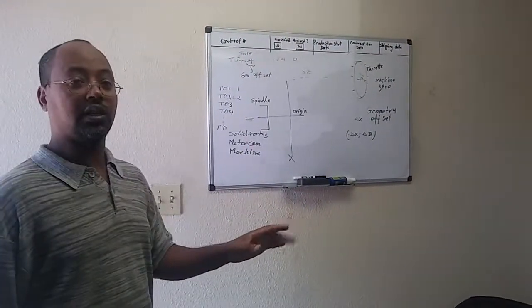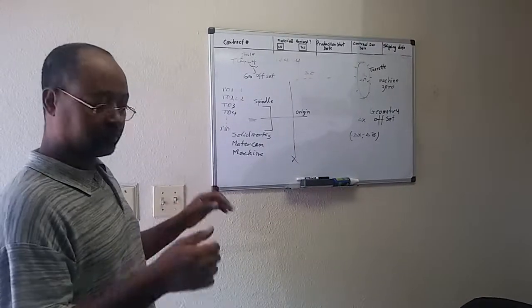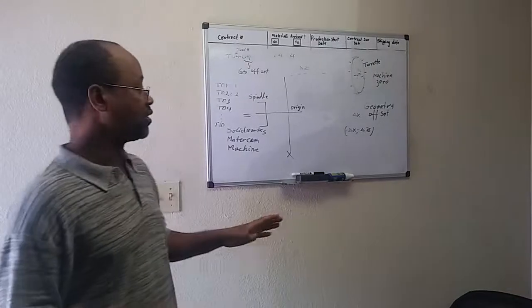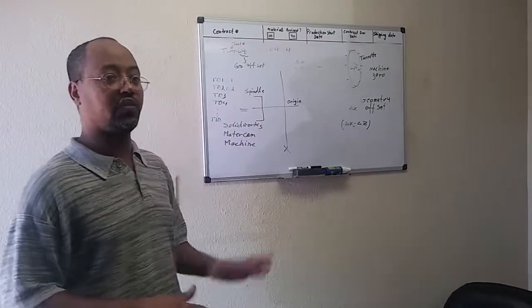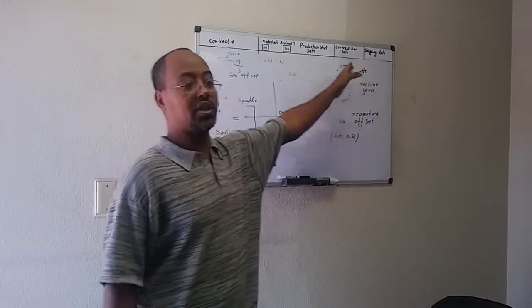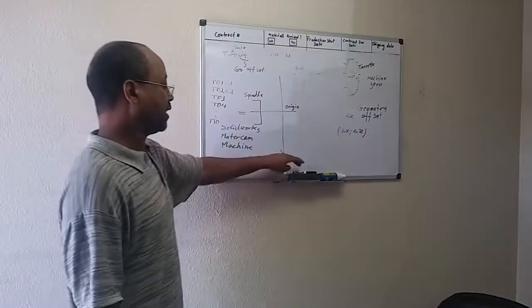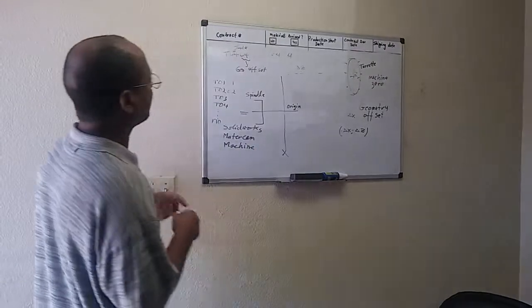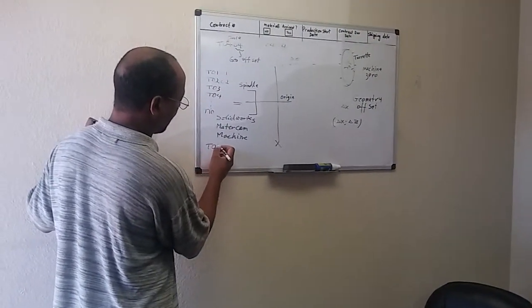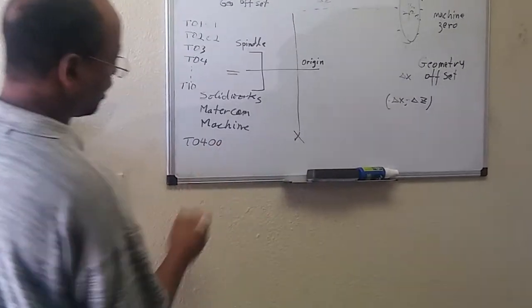Now every tool tip has to have geometry set values for it to come to the origin. If it doesn't have those values, then you're way out there. The machine is saying something else. And by the way, there is another thing I wanted to say. If I say tool number 4, 0, 0, what does that mean?